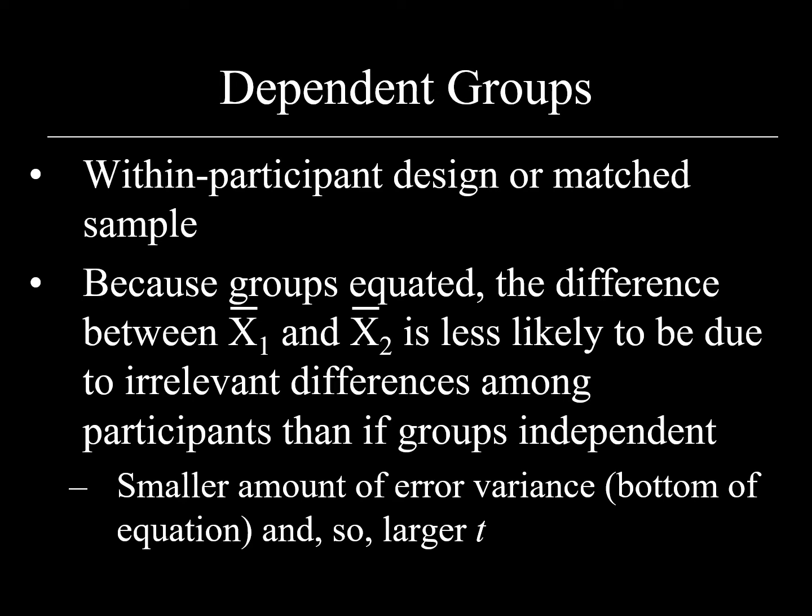Now, because these groups are equated, because they're the exact same people, the difference between the first mean and the second mean is less likely due to any irrelevant differences. In other words, we're much less likely to see error or noise in this kind of design. A lot of what we're having to adjust in our calculations of these statistical techniques is on the bottom of that equation. Remember, the top of the equation is always the effect. The bottom is always an estimate of all the variance and noise.